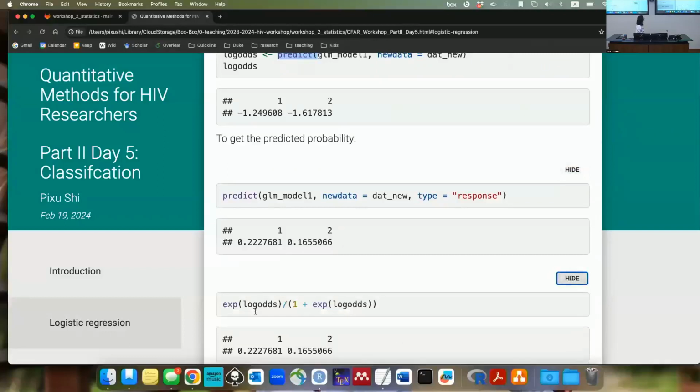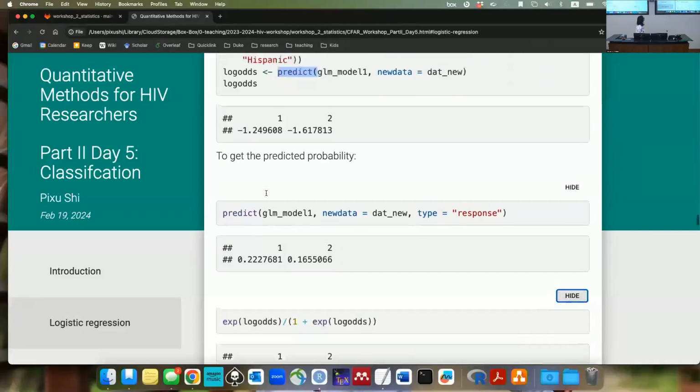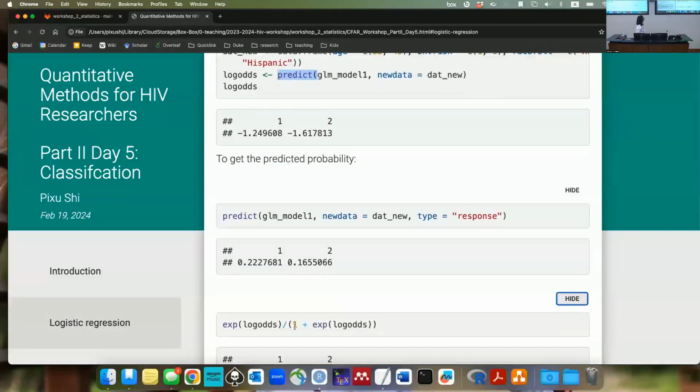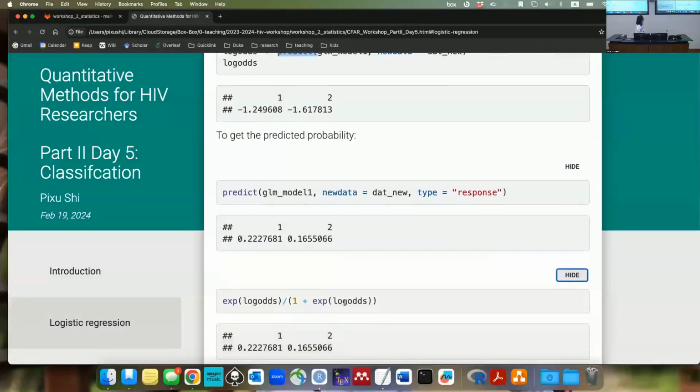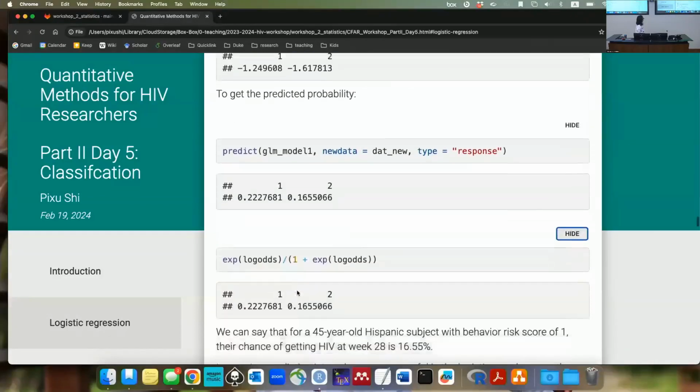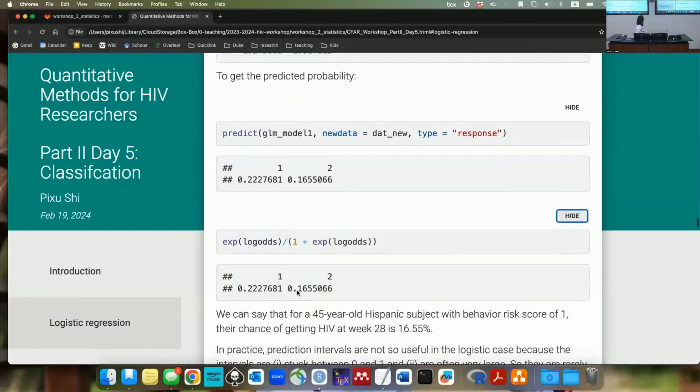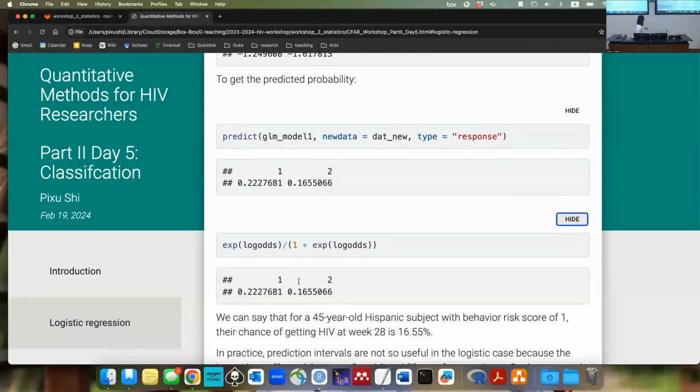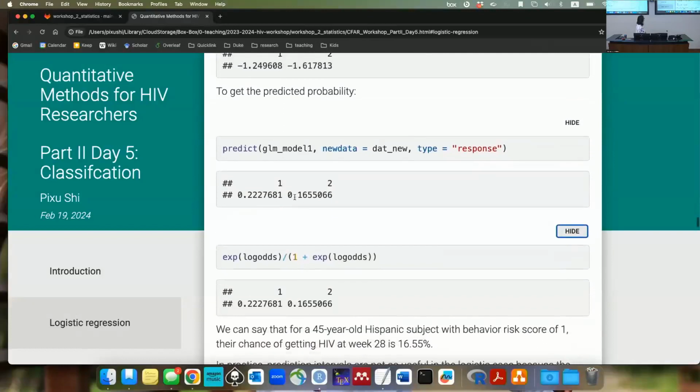This is exactly the conventional log odds over 1 plus exponential log odds, the expit function. So now we can say that for a 45-year-old who's Hispanic and whose behavior risk score is 1, the chance of this patient getting HIV is this probability.